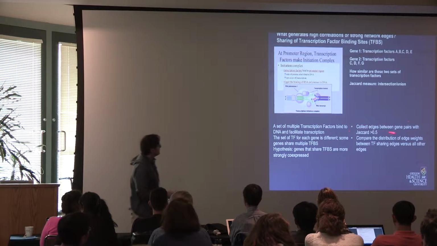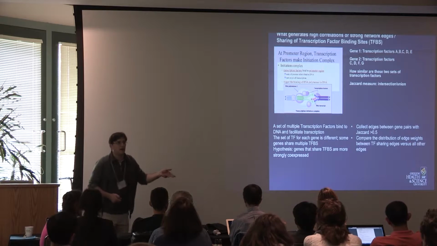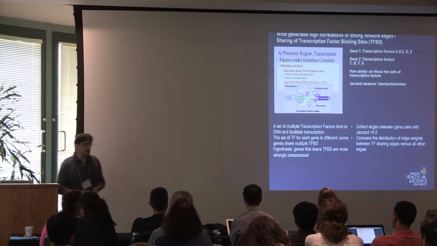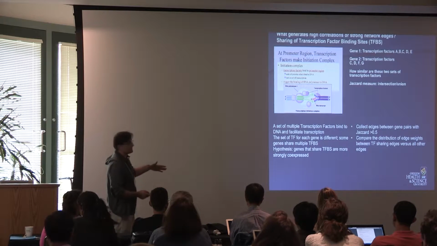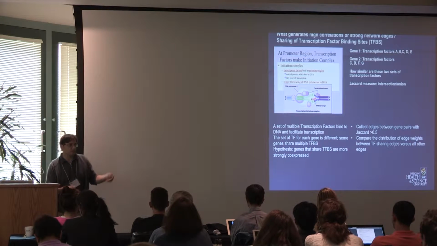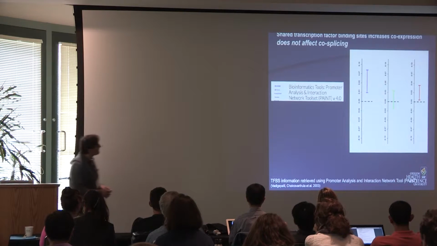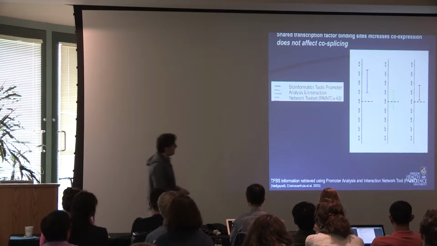So I collect all edges where the Jaccard similarity is more than half, so the intersection over the union is at least half. And I compare that with random groups of edges of the same size. So what do I find?